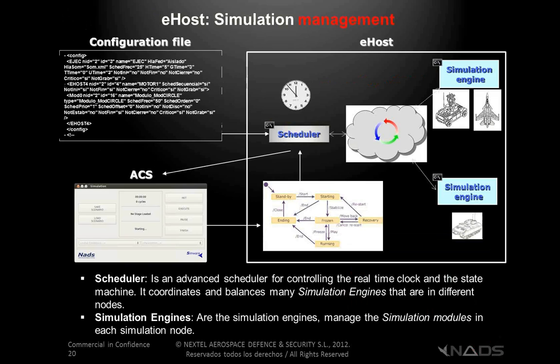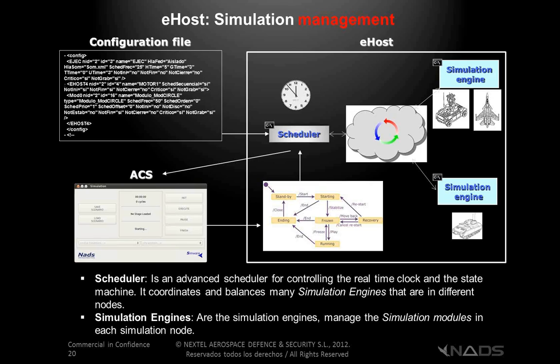The real-time scheduler is a set of two tools. The first tool is the scheduler itself, and the other is the simulation engine. The scheduler is a tool that is going to run all the show. It's going to do three things. The first thing is going to mark the timing for all the simulation.